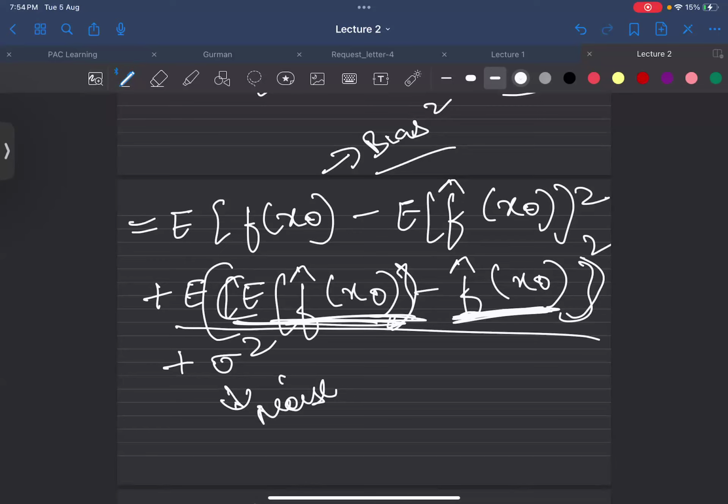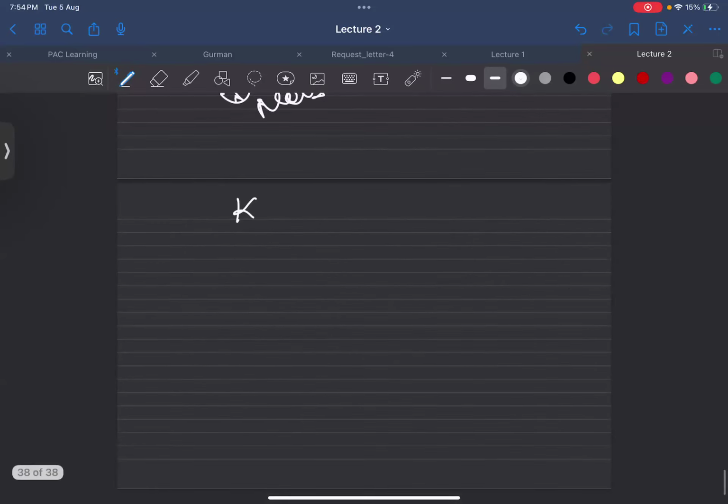So let's proceed. If I talk about the KNN part, KNN is K nearest neighbor. What is the variance of it? I think it's told in class.